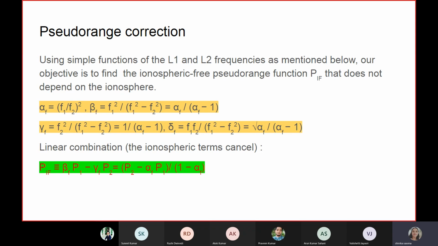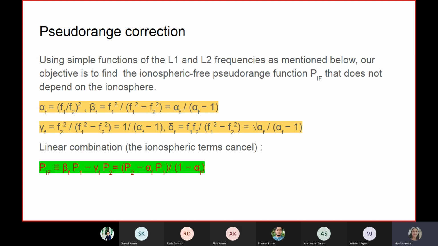Now how are we correcting for the ionosphere for the pseudo range? Using simple functions of L1 and L2 frequencies, our objective is to find an ionospheric free pseudo range function, that is PIF, that does not depend on the ionosphere. These are functions of the frequencies f1 and f2. Alpha f is equal to f1 upon f2 whole square, beta f is equal to f1 square upon f1 square minus f2 square.